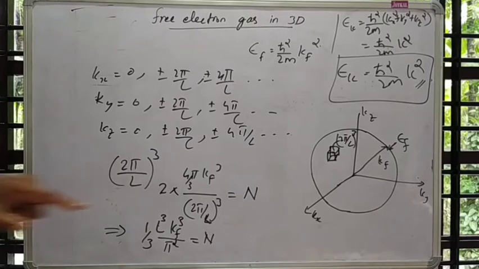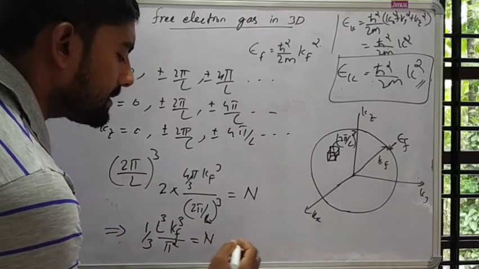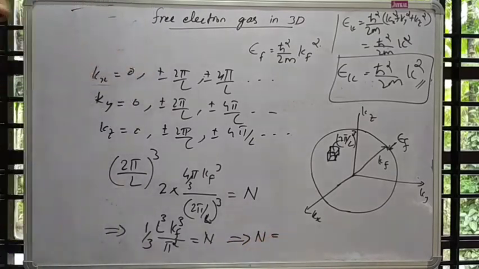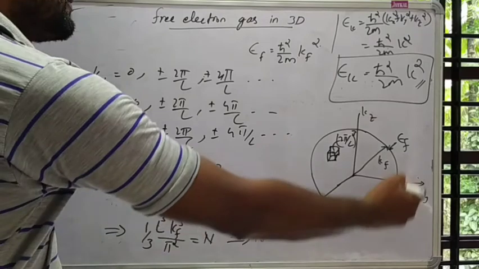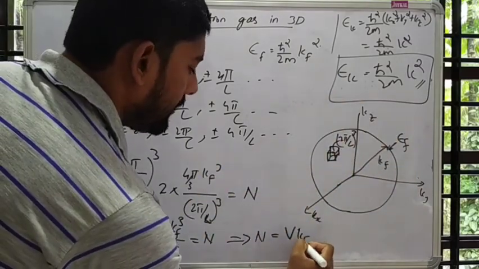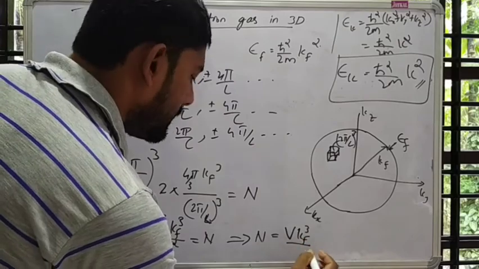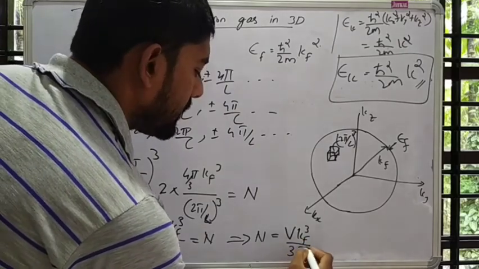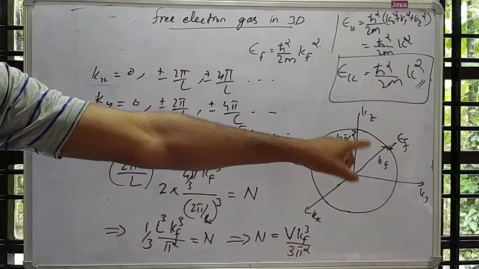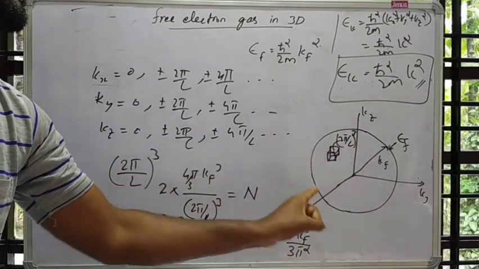Okay, this is L cube, the cube of the length, and that is the volume in real space. So we can write the number of electrons inside the sphere is equal to V kF cube over 3π square. Okay, this is the number of electrons inside the volume of this sphere.